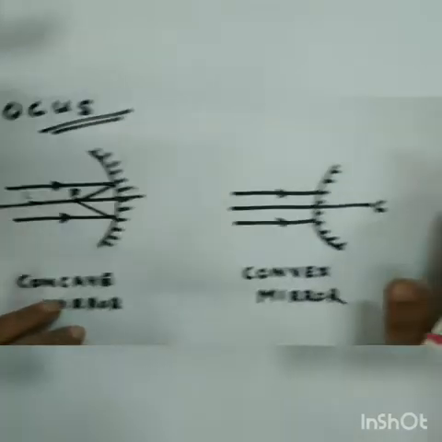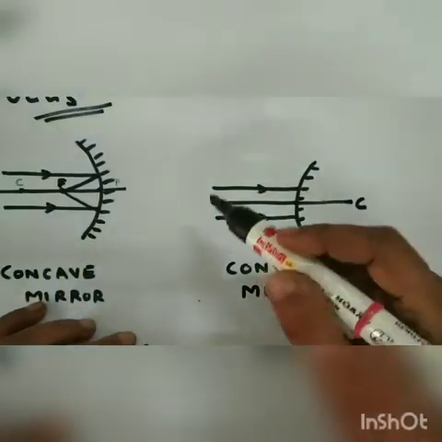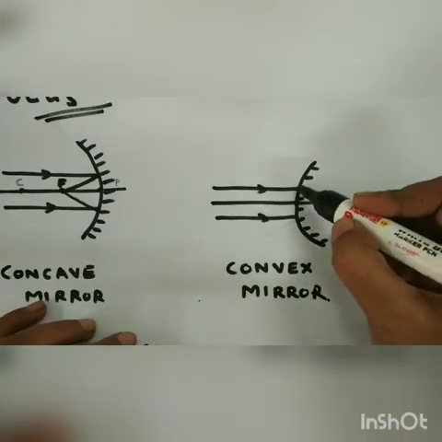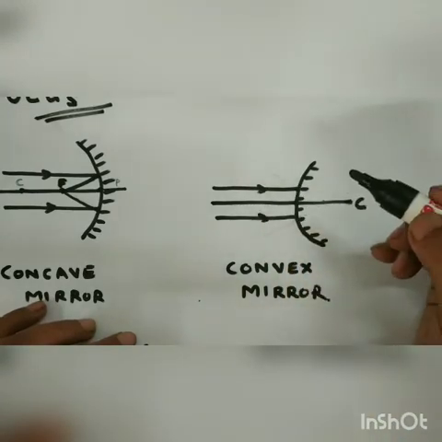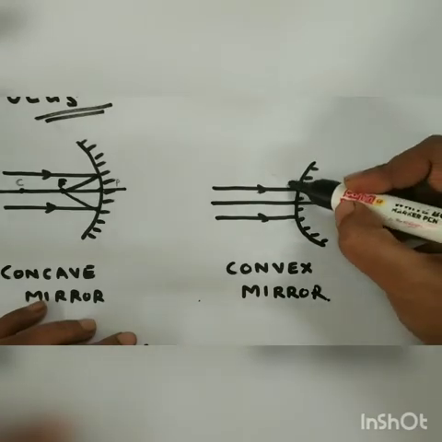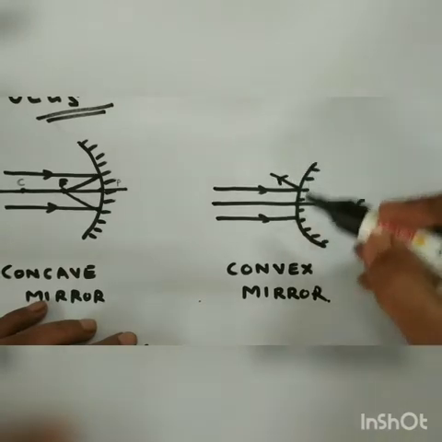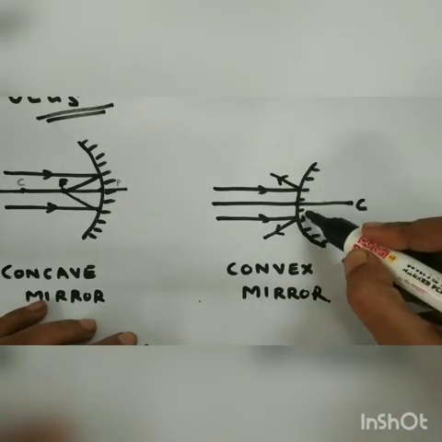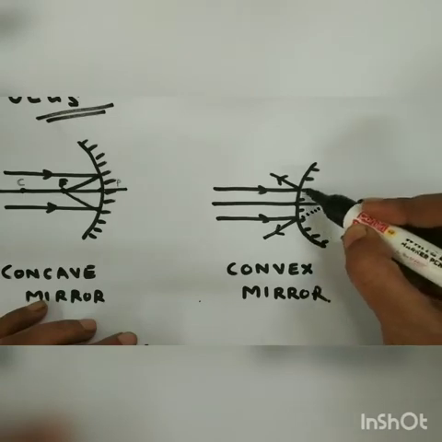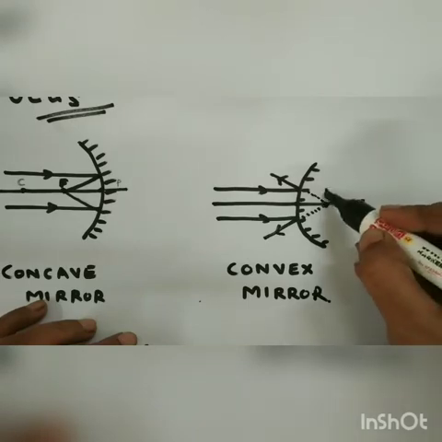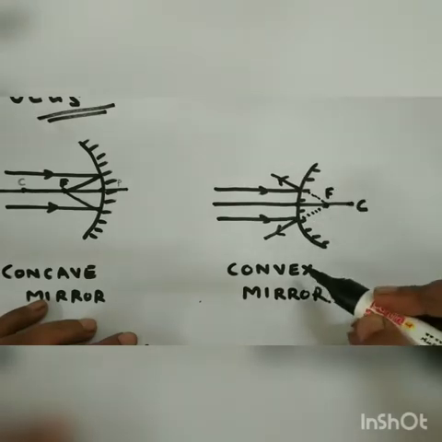In case of a convex mirror, when a ray of light passing parallel to the principal axis falls on a convex mirror, it does not meet at a point. Instead of that, it gets reflected away like this. It gets reflected away, but it appears to diverge from a particular point. It appears to diverge from a point on the principal axis, and that point is called focus of a convex mirror.